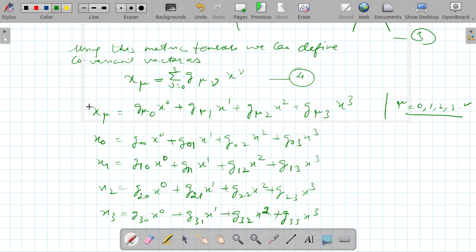I can express these equations in matrix form.